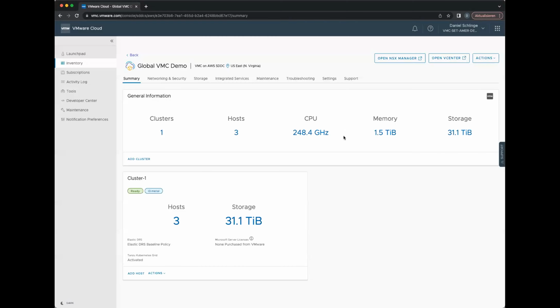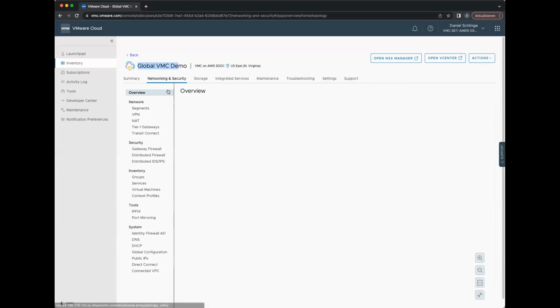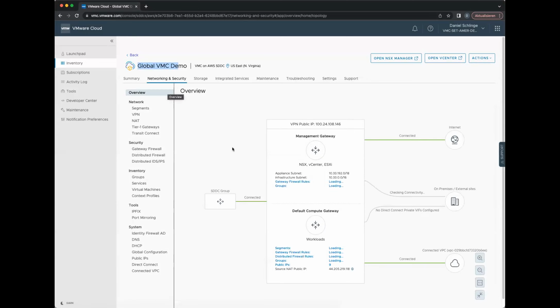Go back to here. And in the console, you see this is the login screen from our vmc.vmware.com. This is the data center, and we have here a networking tab. And under the networking tab, there's everything what we need to control our data center.